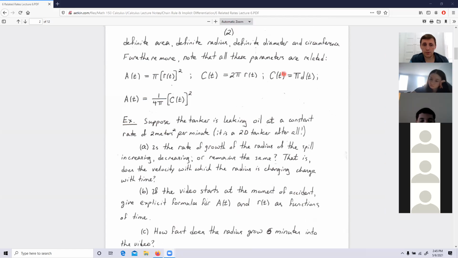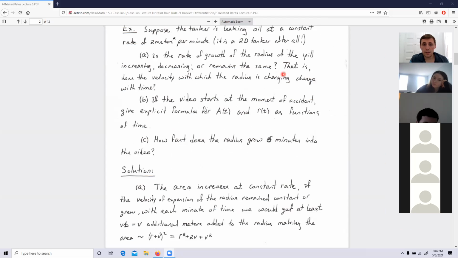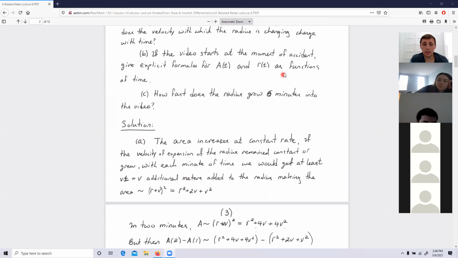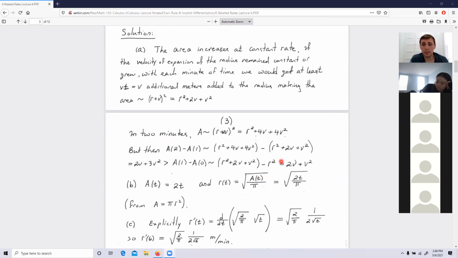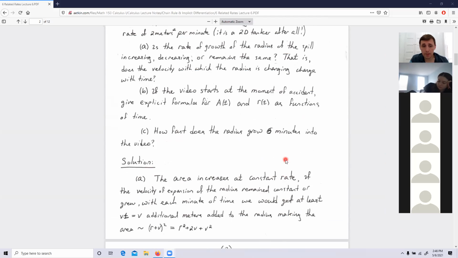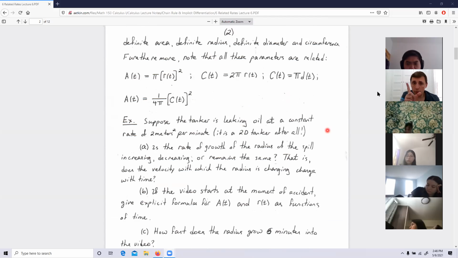Yes, the answer is, of course, slower. All right. So area is increasing at a constant rate. Let me calculate very simply the difference in the radius growth. You see the radius is squared here.